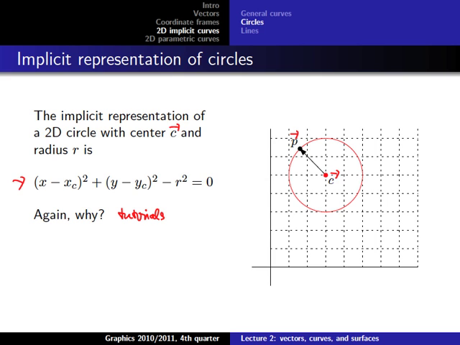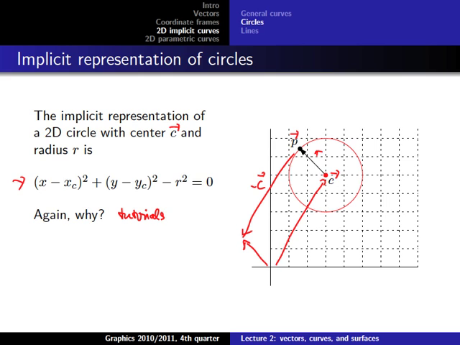So this vector is basically the same as if we subtract this vector here. So this is the vector C describing the center. This is the vector P describing the point, which has the same length as the radius if it is on the circle, but it is also the same vector as if we go here.